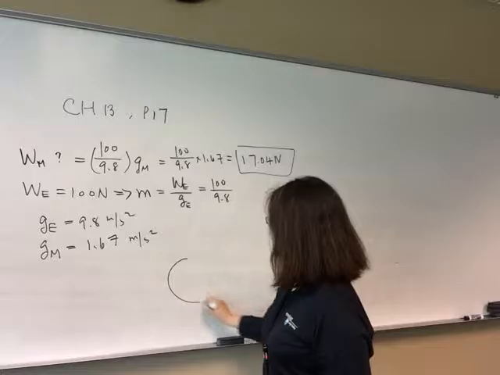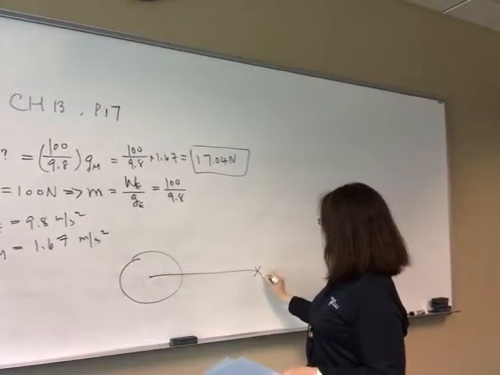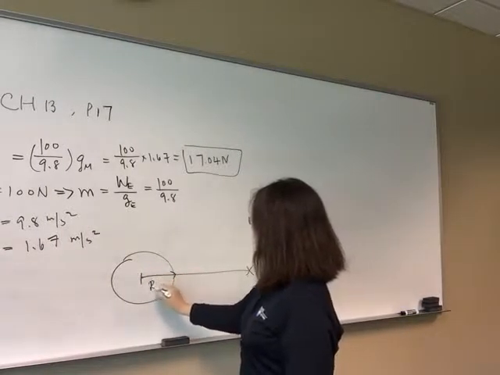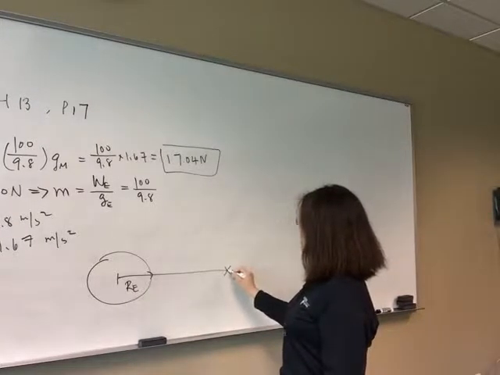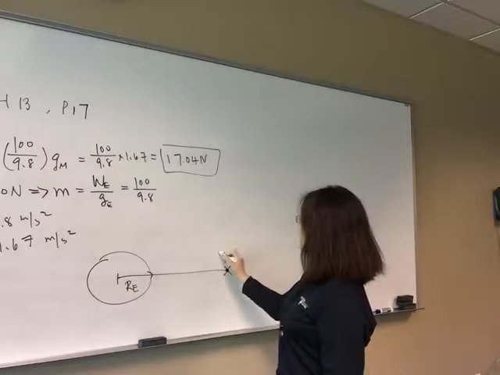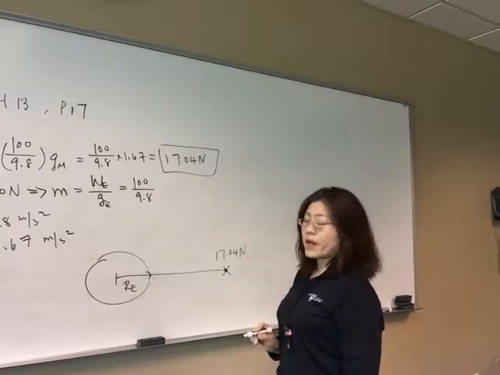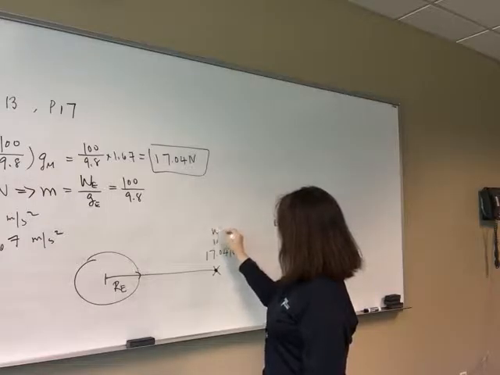So in other words, this is the Earth. You're asked to find where the object would be, measuring from the center of the Earth, and this is R_E, the radius of the Earth. How many radii would that be if the object weighs the same as on the moon, which is 17.04?